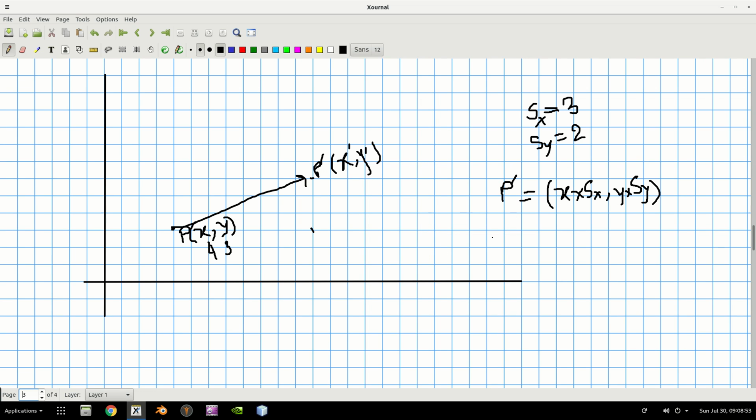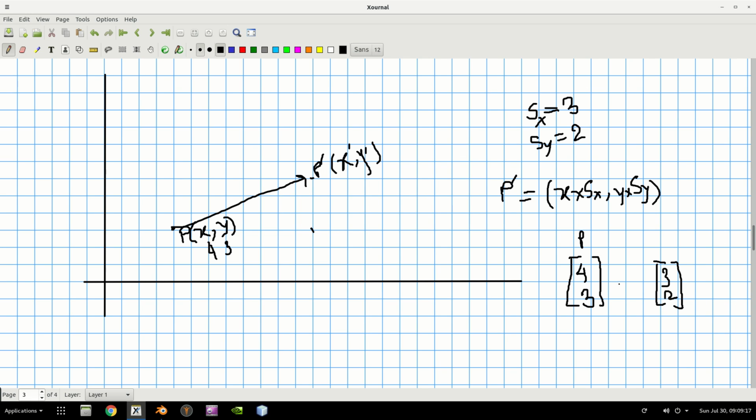Say over here we got a point, and the point is given as (4, 3). This is the original point, and we know how much we want to scale: (3, 2).